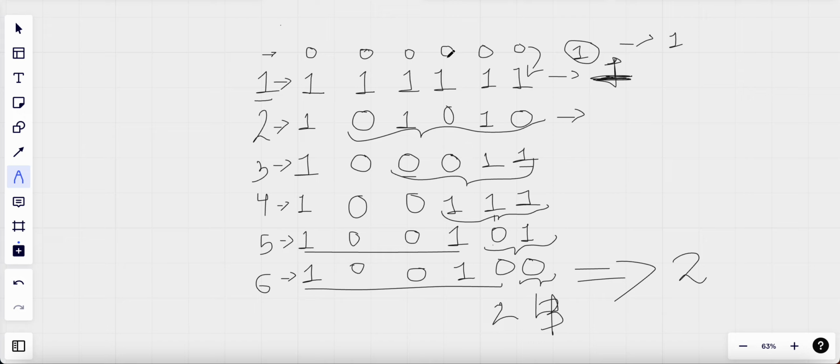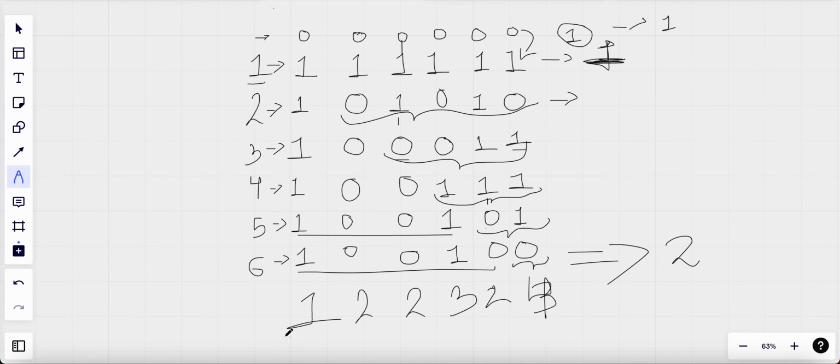And now let's see this. We toggled it once and twice and then it remained the same, so it was toggled 3 times. And this was toggled once and then twice, and then only twice, and this was also toggled twice, and this was toggled only once, right?